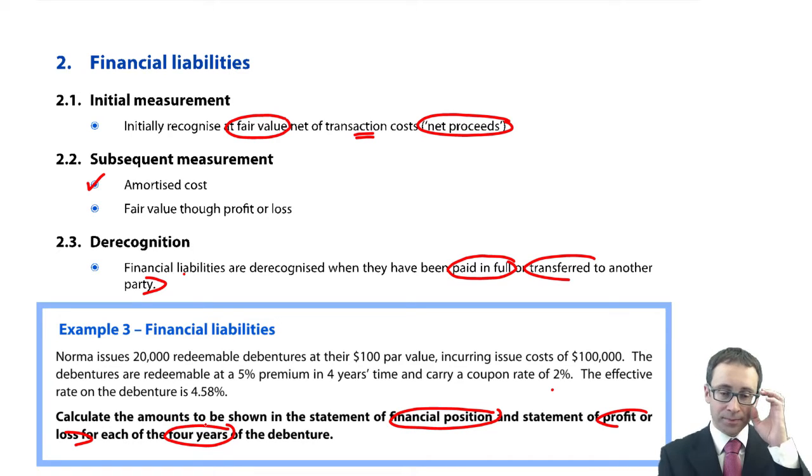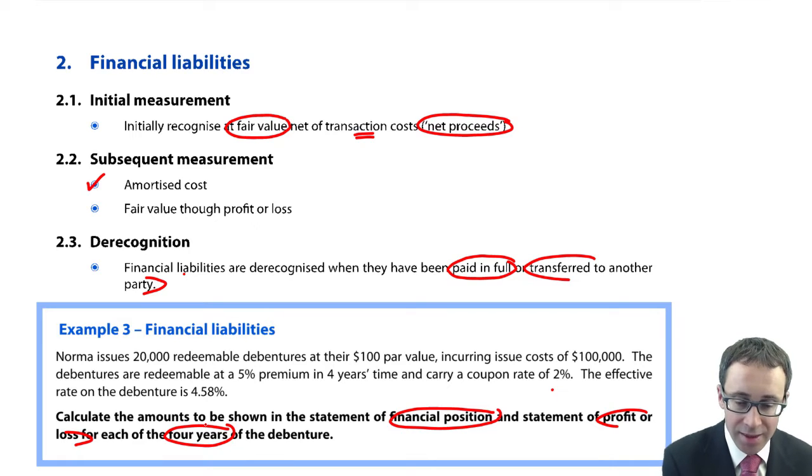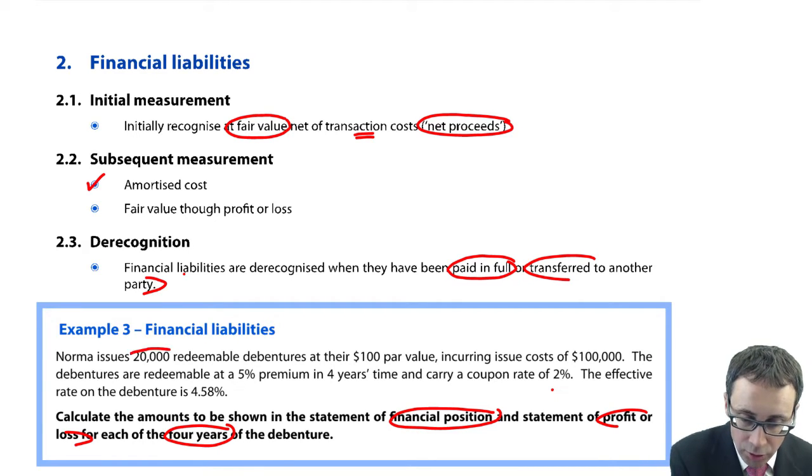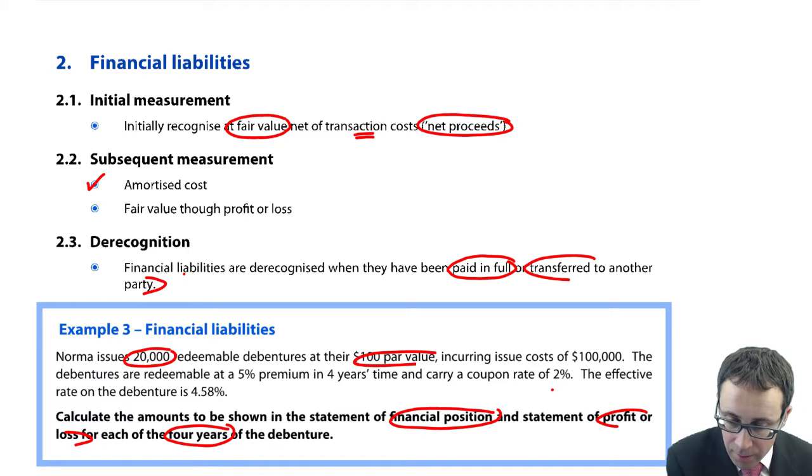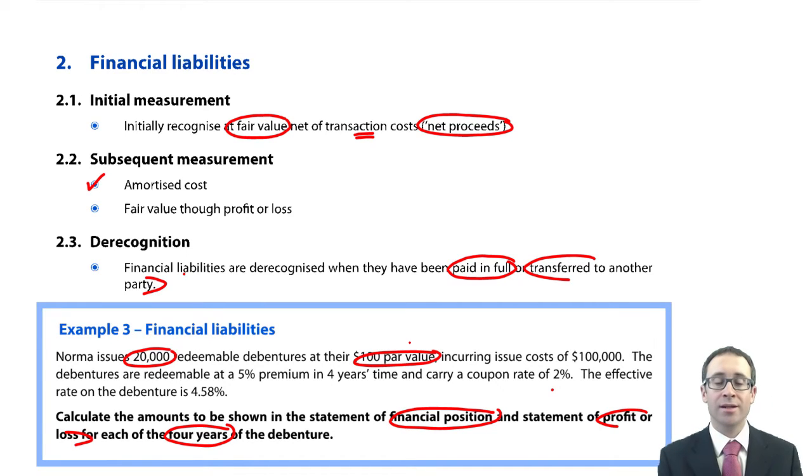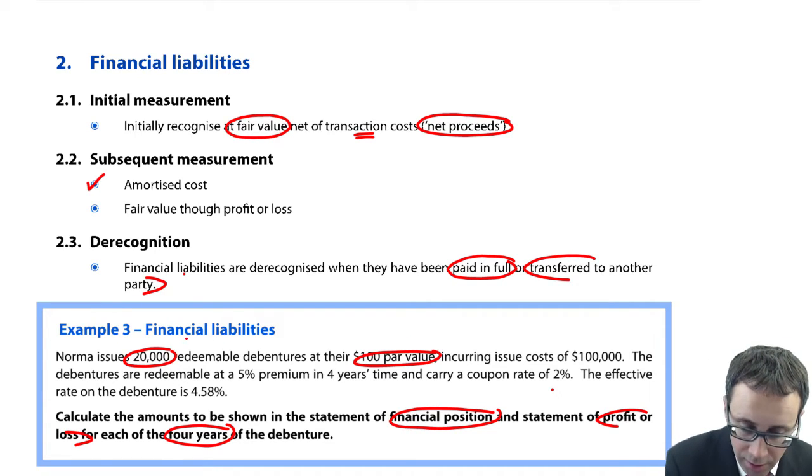Here, Norma issues 20,000 redeemable debentures at the $100 par value. So we have issued debt, it is redeemable, so there is an obligation to pay cash, and it is therefore a financial liability. 20,000 at 100 gives me $2 million.